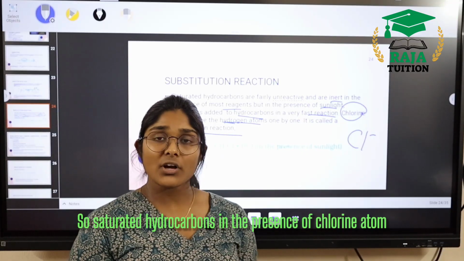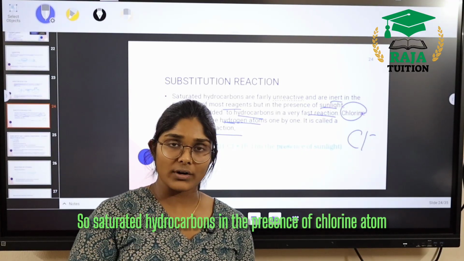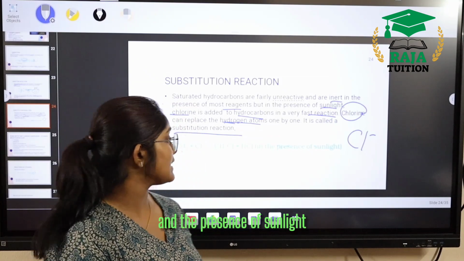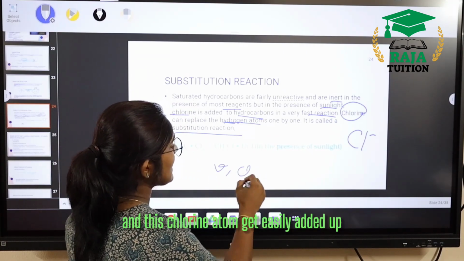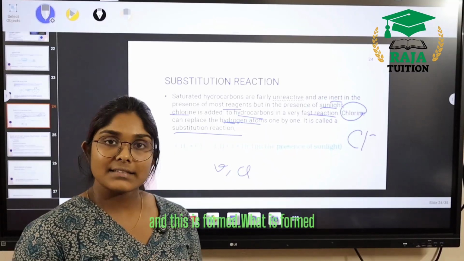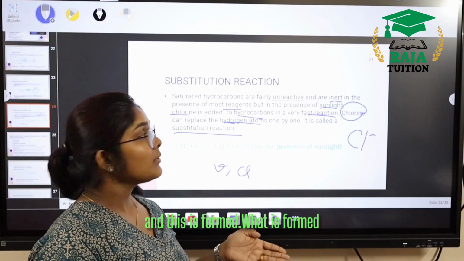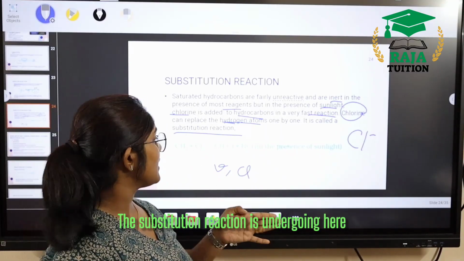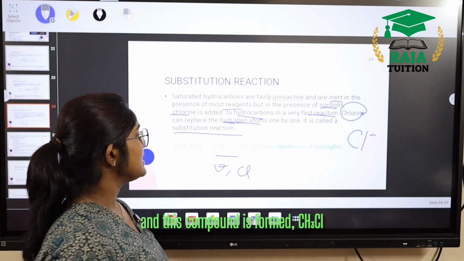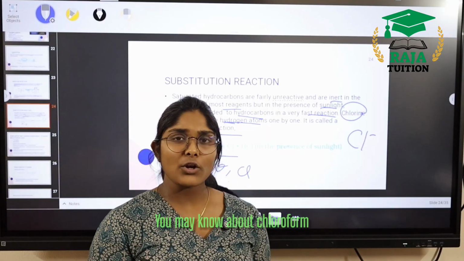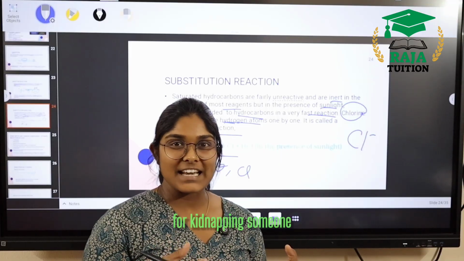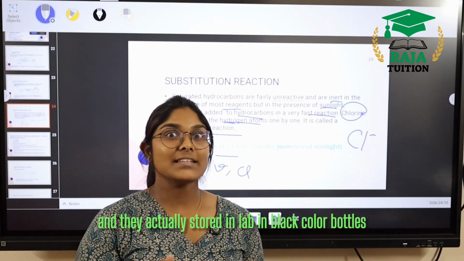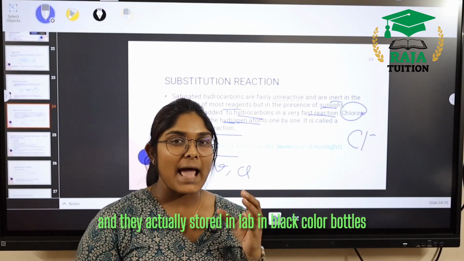So saturated hydrocarbons in the presence of chlorine and sunlight, the chlorine atom easily gets added, and this is formed. What is formed? The substitution reaction is taking place here and this compound is formed, CH3Cl. You may know about chloroform, which is used in films for kidnapping someone, and it is actually stored in the lab in black colored bottles.